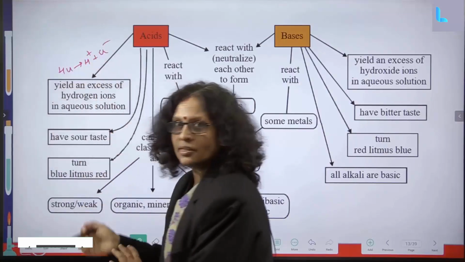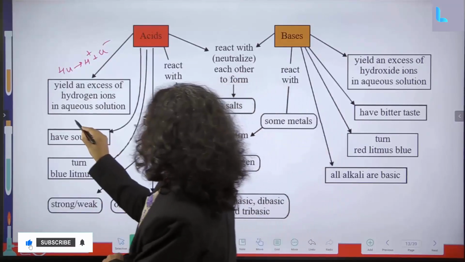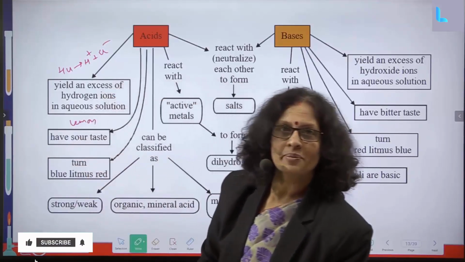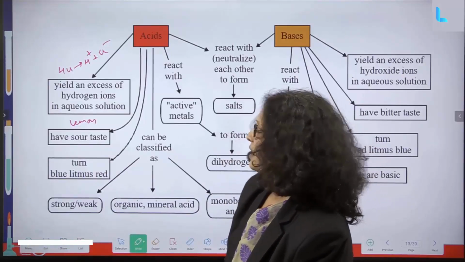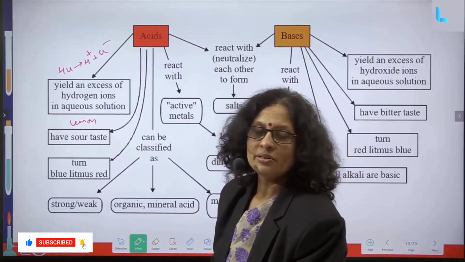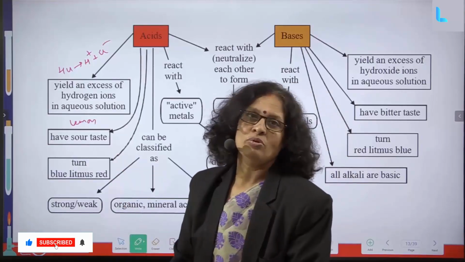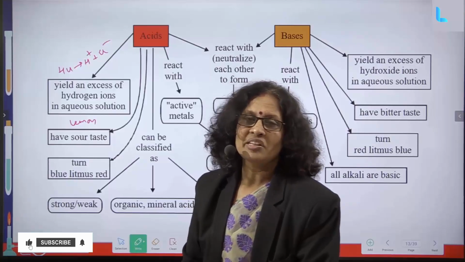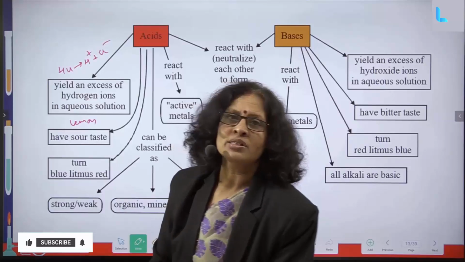Next, it has a sour taste, like lemon or tamarind, which have different kinds of acidic substances present. We cannot taste acids like sulfuric acid, but we have a few diluted acids used in daily life, like lemon and tamarind. Then it turns blue litmus red.